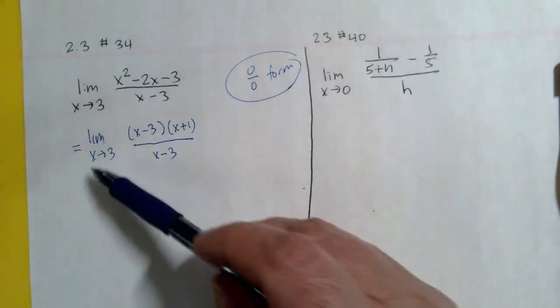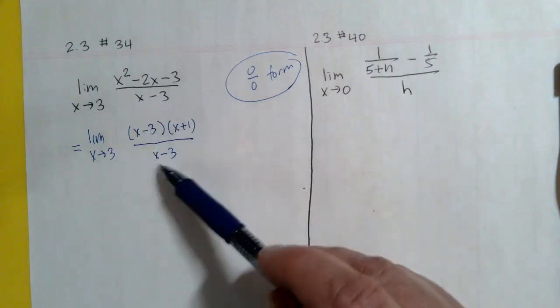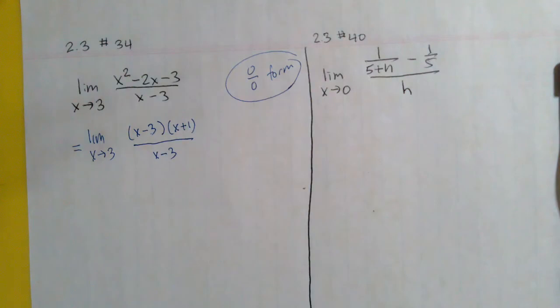If you think about it and plug in 3 here, we're going to get 0 here and 0 here. So you can understand what's happening by thinking back and saying, hey, the reason we were getting 0 over 0 is because of that common factor. More specifically, it's because they have a common factor, which is 0 when it's evaluated at x equals 3.